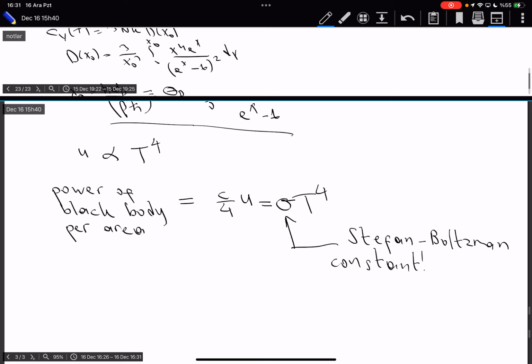The right-hand side of the equation is not related to time. Power is constant. The total energy emitted by the black body will increase linearly with time, as long as we keep the temperature fixed. But the power, which is the energy emitted per unit time, is just a constant. Yes, that is the definition of power.